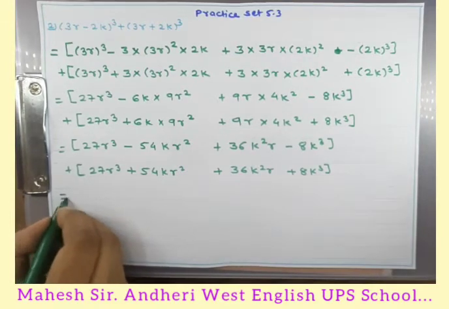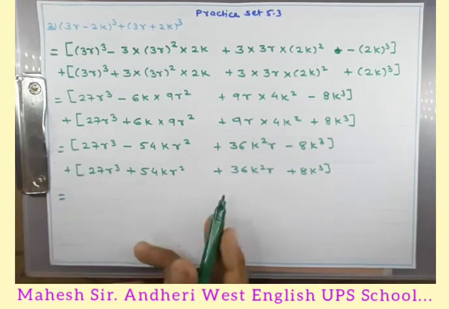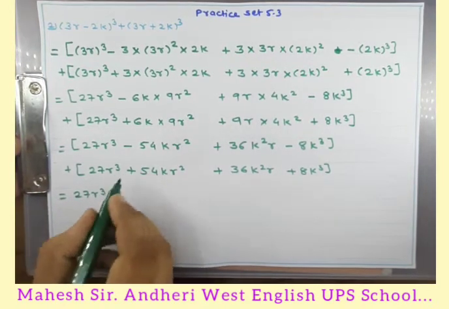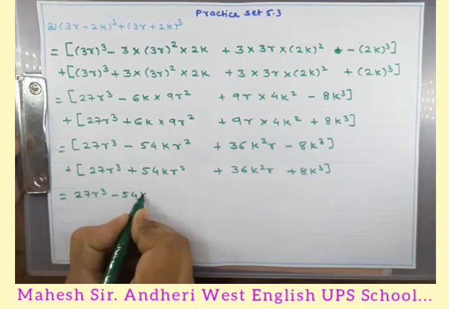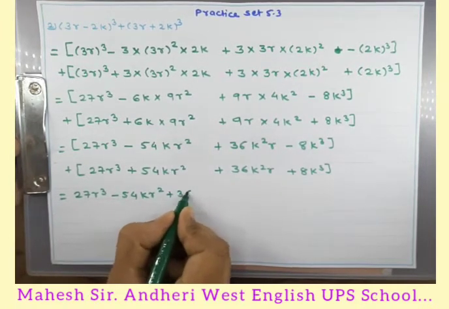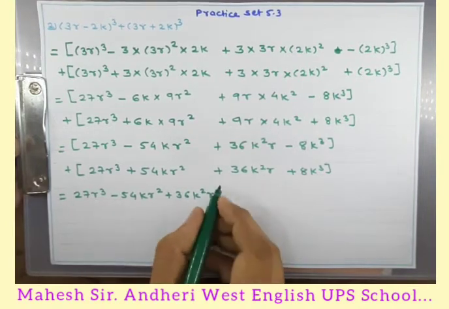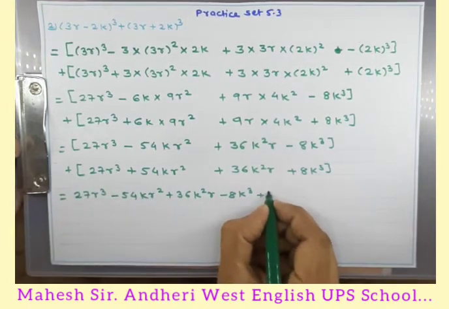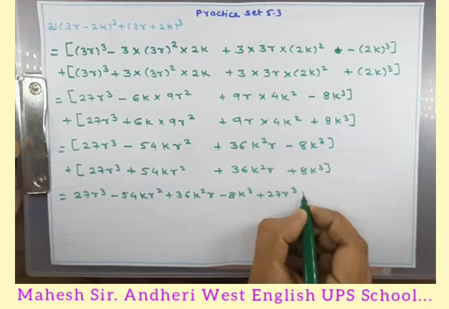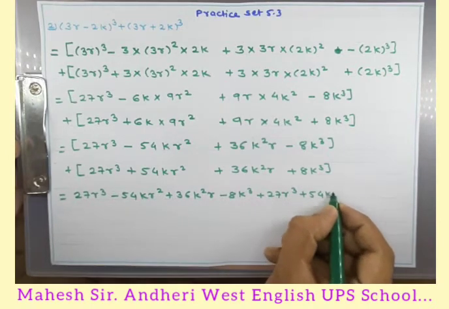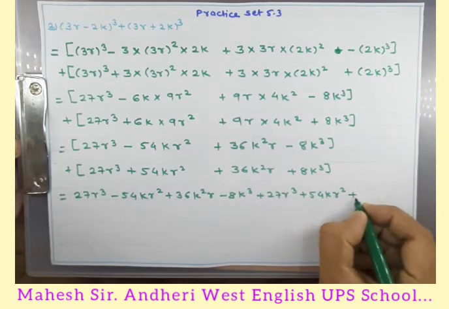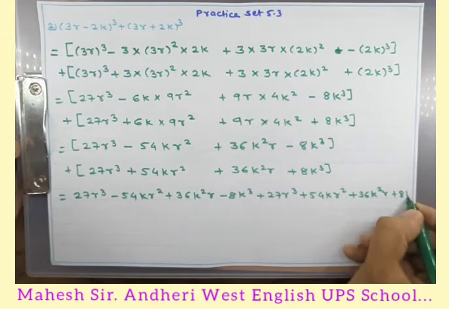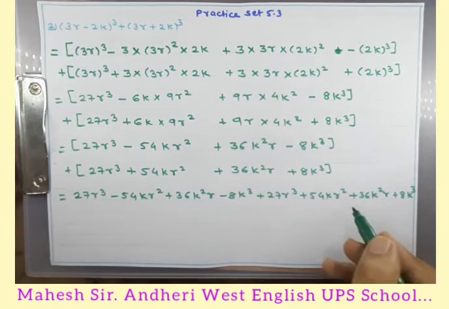Now in this step I will remove the brackets. I will write 27r cube minus 54 k r square plus 36 k square r minus 8k cube, plus 27r cube plus 54 k r square plus 36 k square r and plus 8k cube. I hope it is visible to you.